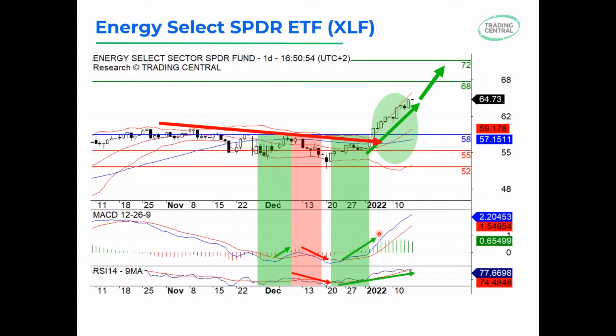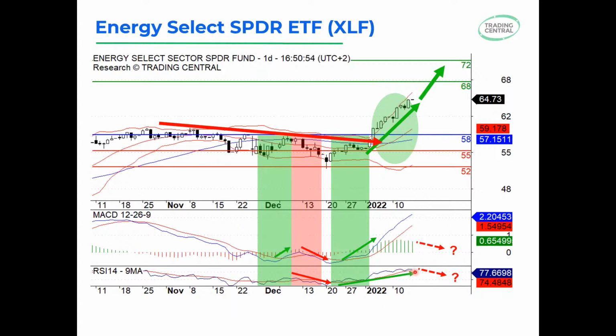Like this one, but I have to give you a warning on this one, because this sector ETF has risen for quite a while, and we say that it is a little bit stressed. In the coming days you have to see if this MACD histogram is going to decline or become less positive.